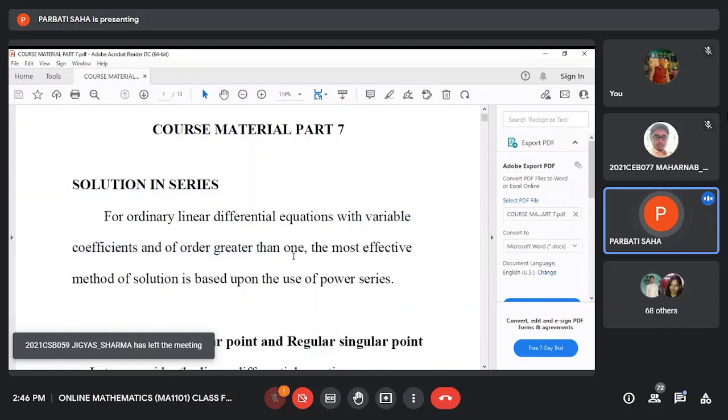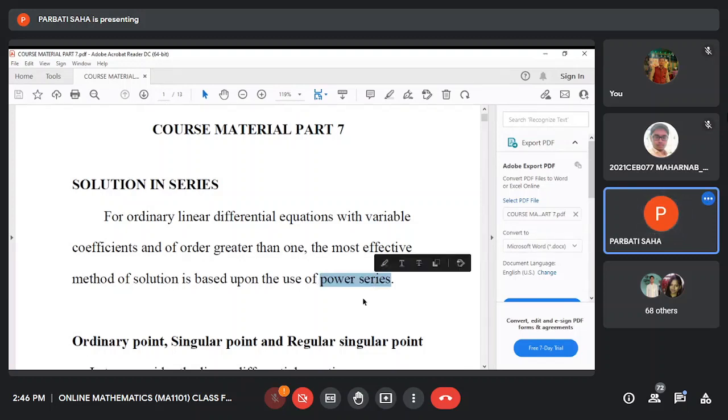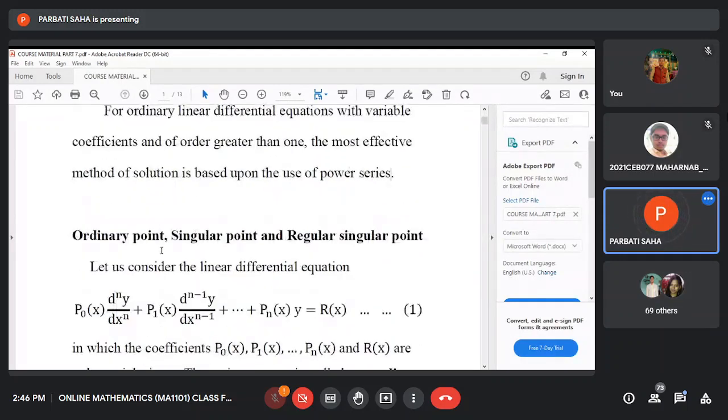The most effective method of solution is based upon the use of power series. In this case, this method of solution based upon the use of power series will be effective.